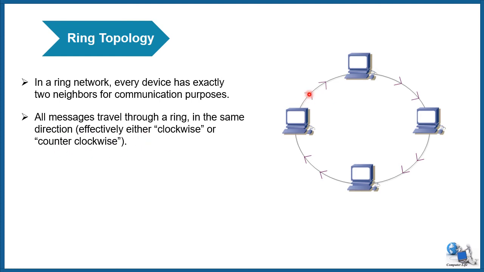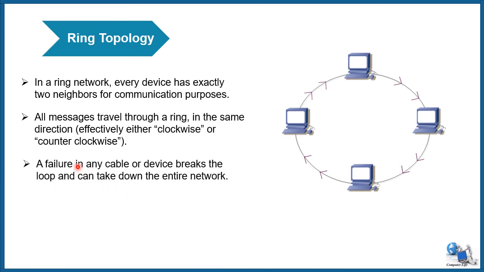The arrows are already shown in the diagram, which show the direction, clockwise or anti-clockwise. A failure in any cable or device breaks the loop and can take down the entire network, because if this system doesn't work, then communication between these two devices will definitely not be possible.